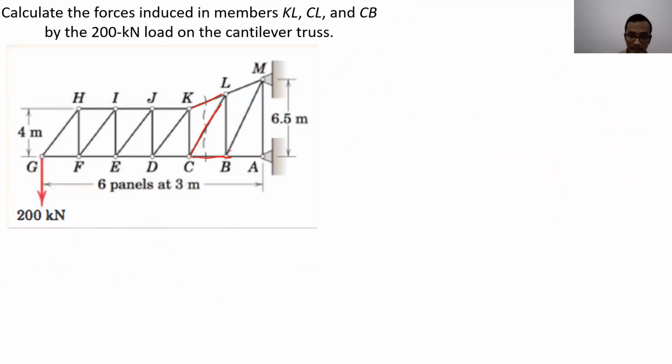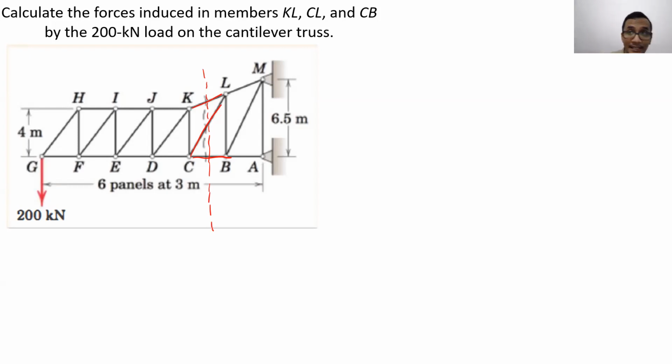This method, we call it the section method. How does it work? Okay, we will cut it here. This is our cutting point. When we talk about the section method, we can cut up to 3 members.